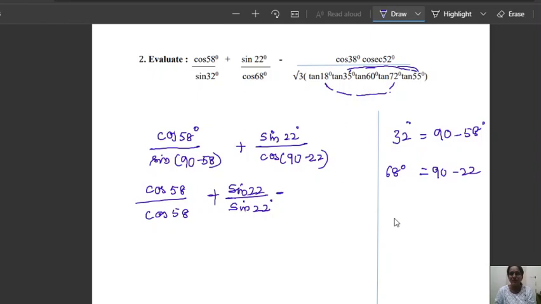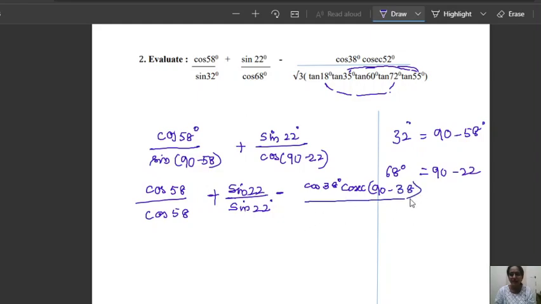Tan 60 you know the value. So let me write cos 38 degree cosecant 52 here. You can write cosecant 52 as cosecant (90 minus 38).